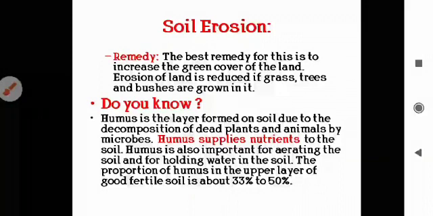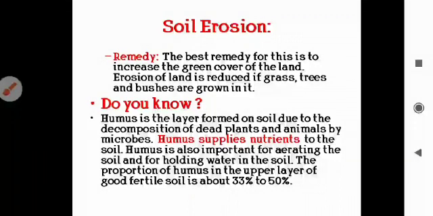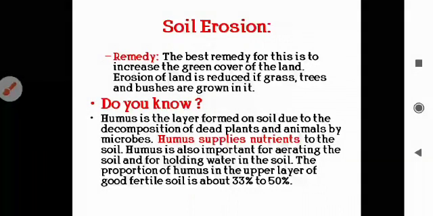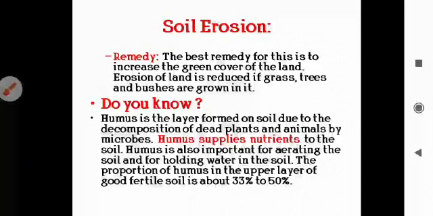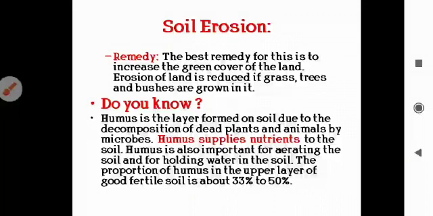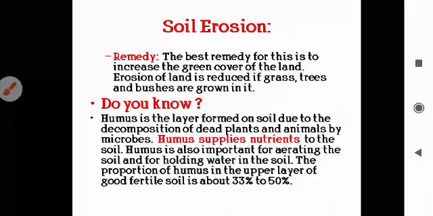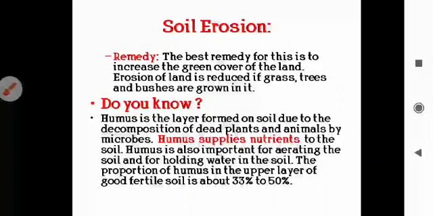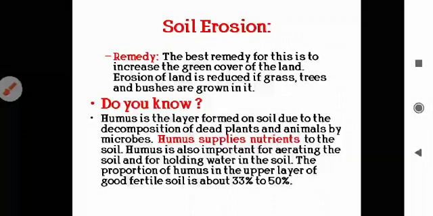Humus is also important for aerating the soil and for holding water in the soil. The proportion of humus in the upper layer of good fertile soil is about 33% to 50%. Usually humus is found in dense forest.